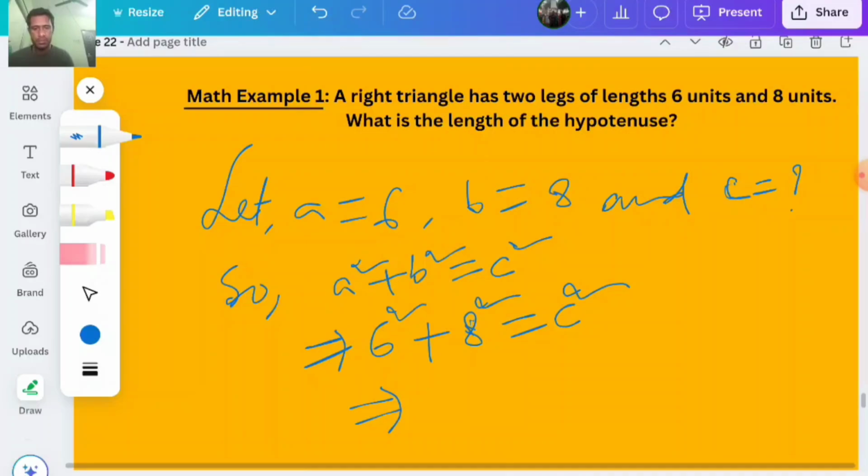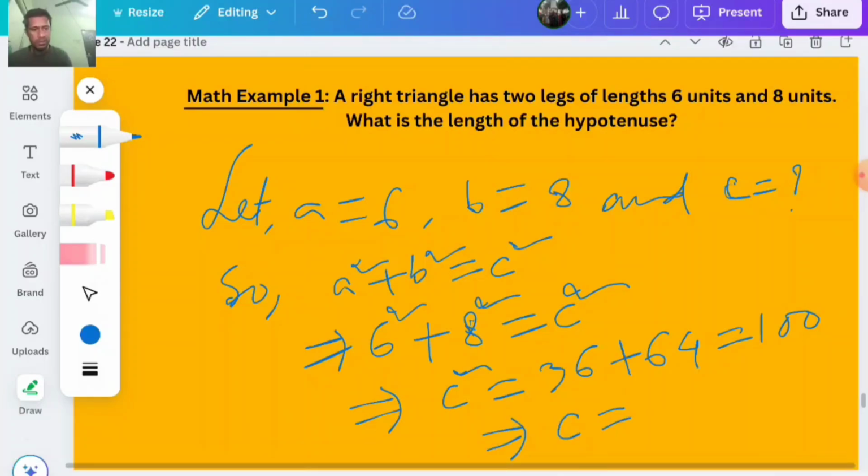So C square equals 36 plus 64 equals 100. C equals 10. So the hypotenuse is 10. This is the answer. Okay, we are going to the next one.